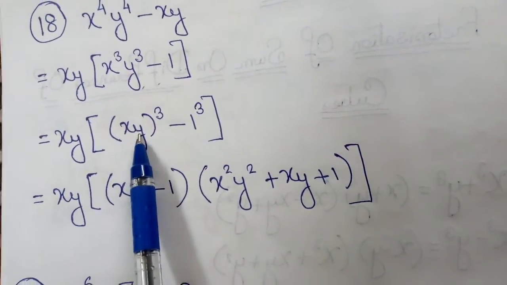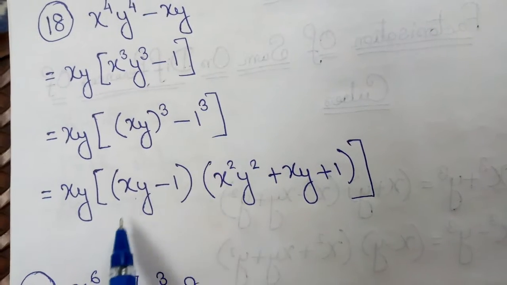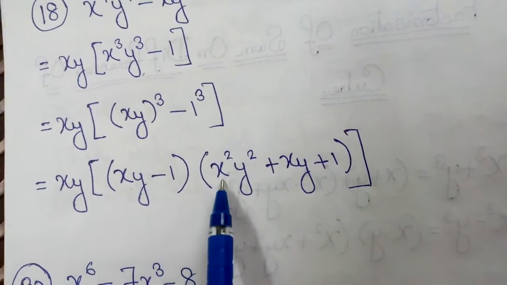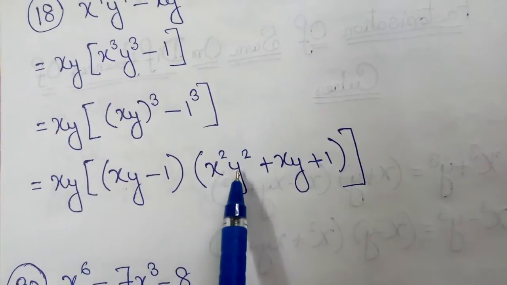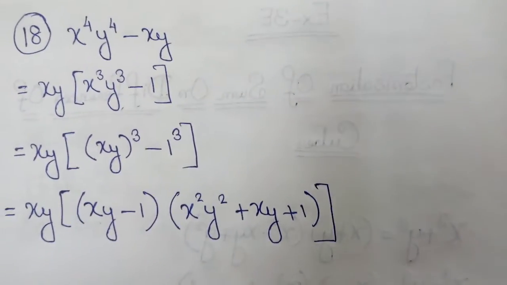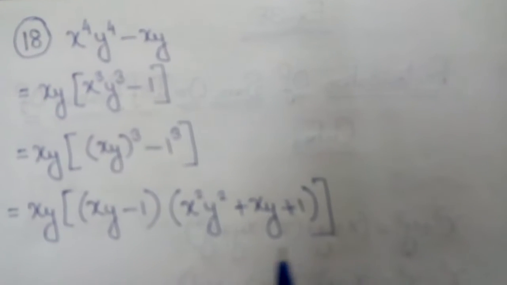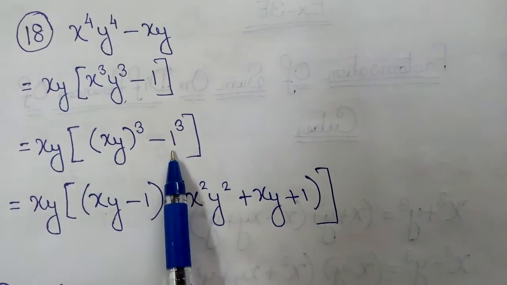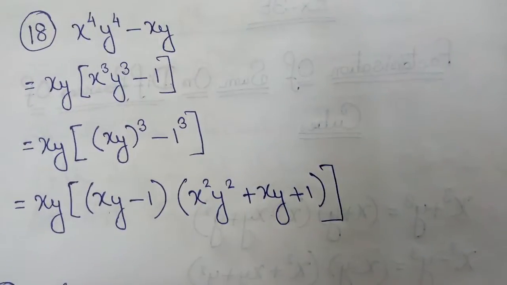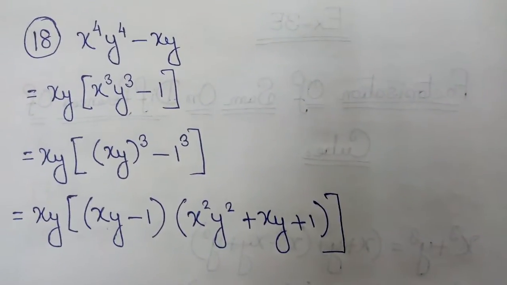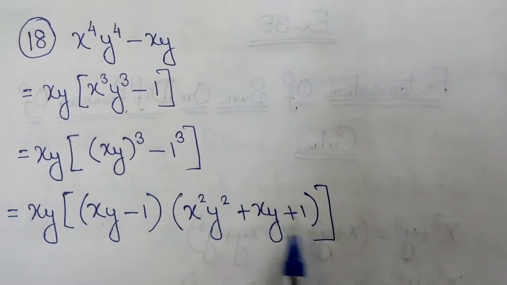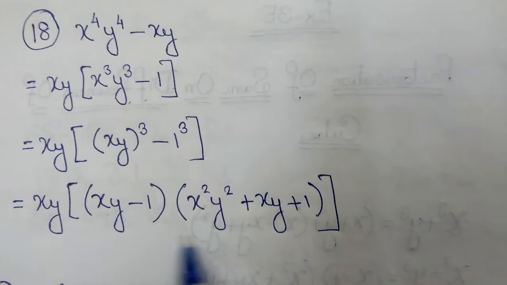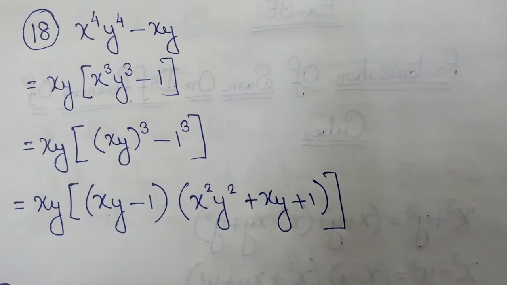So x cube minus y cube can be written as (x minus y), so (xy minus 1) into x square, means (xy) whole square, so x square y square plus xy into 1, because the formula is xy into 1. So xy plus 1, that is 1 square will give me 1. So this is my ultimate answer.